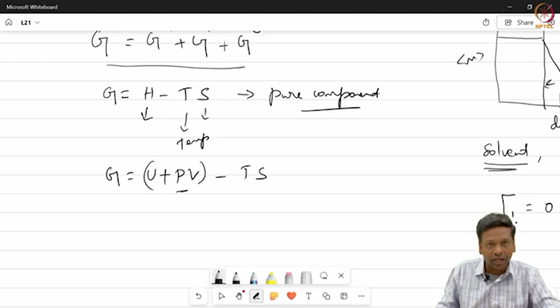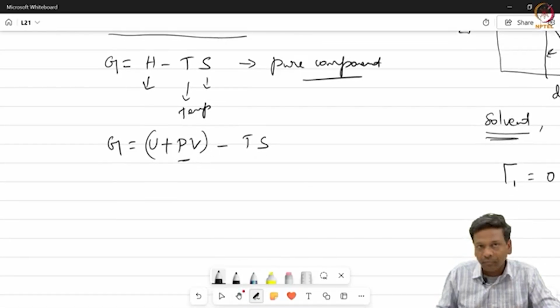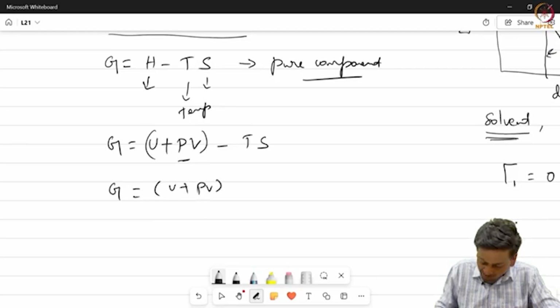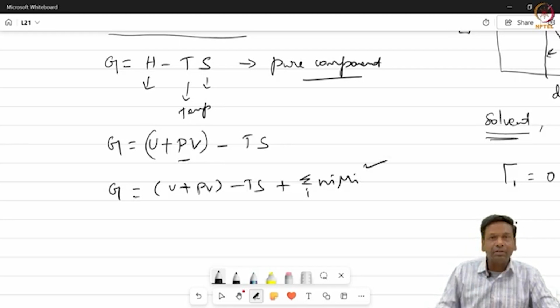This is again for a pure component. If you have to express this explicitly for a mixture, we can express this equation in a similar fashion, but additionally you will have what is known as the summation over i of n_i mu_i. So this additional term will also come into the picture.